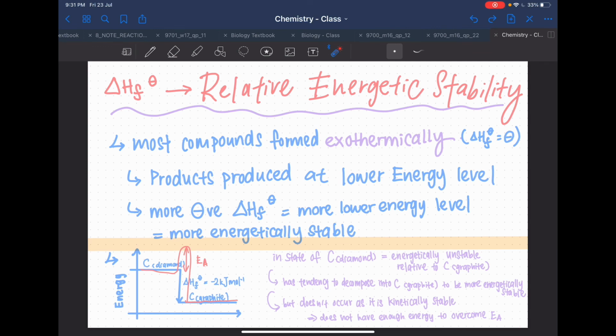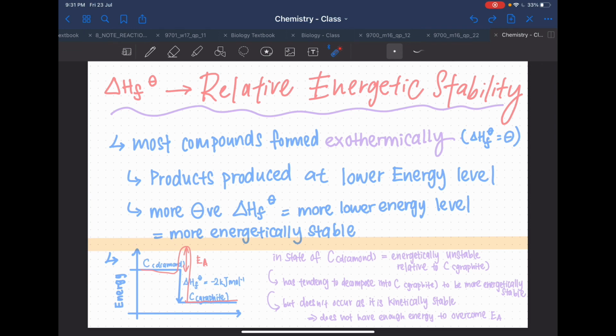Most compounds are formed exothermically, which means they have an enthalpy change of formation that is negative, because normally the energy released in bond formation is larger than the energy absorbed for bond breaking in an enthalpy change of formation.